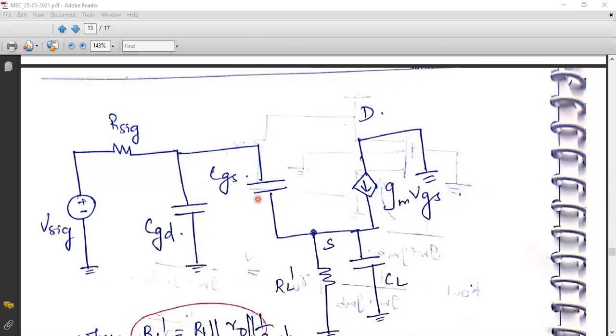So with direct observation, we will not be able to write the equation for RGS, right? RGS is the equivalent resistance that you have obtained after looking through that particular capacitor terminal. But unfortunately, here we can't find any resistance available across the terminals G and S. This is gate. You can mark it as G, D, and S.